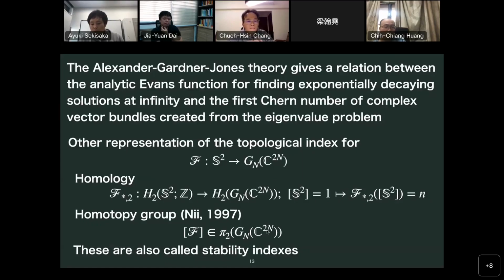And in homotopy group theory, it was shown by Ni in 1997 that the stability index lies in the two-dimensional homotopy group of the Grassmannian G_n(C^2n). These are also called stability indexes, because these homotopy types are equal.